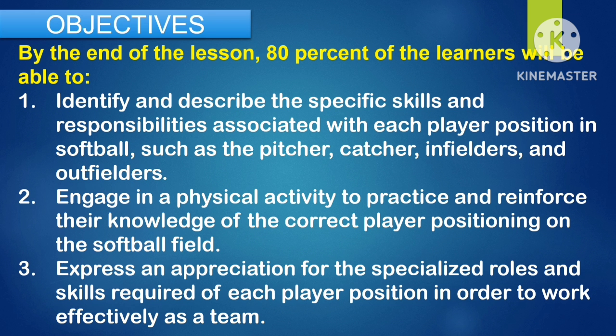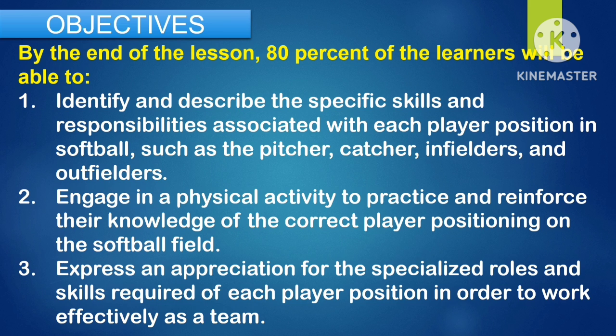For the objectives, by the end of the lesson, 80% of the learners will be able to: First, identify and describe the specific skills and responsibilities associated with each player position in softball, such as pitcher, catcher, infielders, and outfielders.